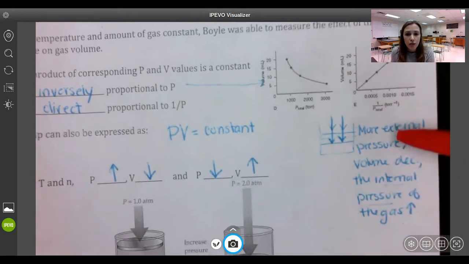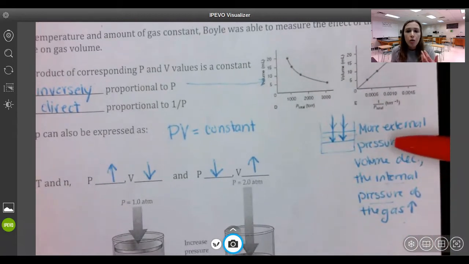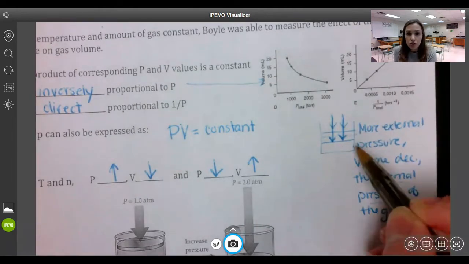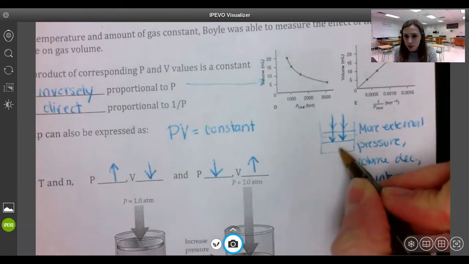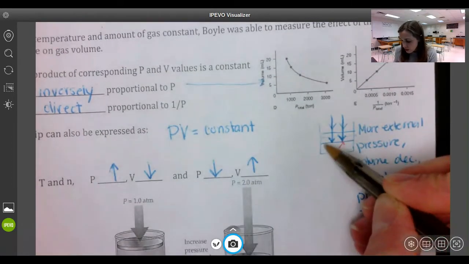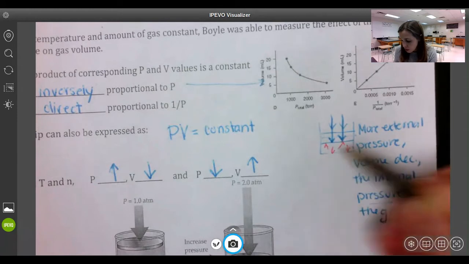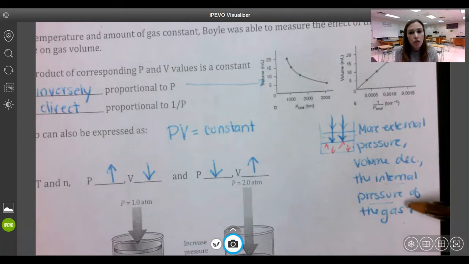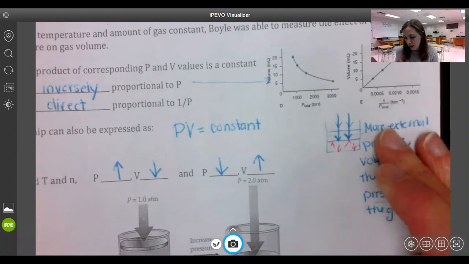We also talked in class that when we were using our Gizmo, we looked at pressure in terms of the external pressure, that the more external pressure you put on a sample of a gas, the volume is going to decrease. Just keep in mind that those gas particles in that smaller amount of space are going to be hitting the sides of the container more frequently, which would also cause the internal pressure to increase. So just keep that part in mind if you missed that in class.